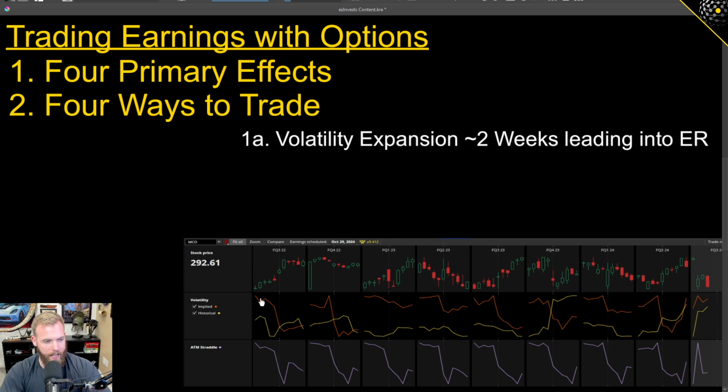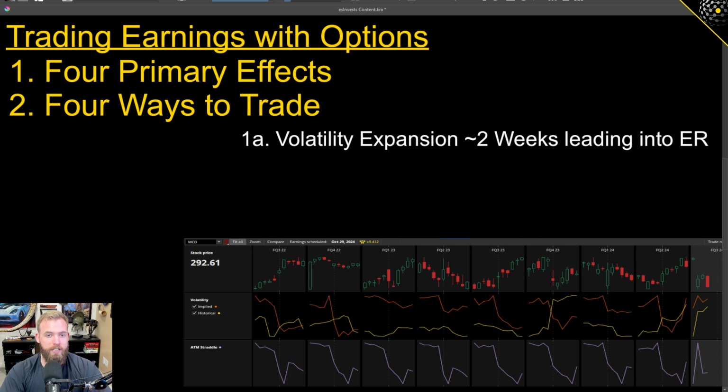And notice how high this line is. Now, you can see implied volatility will tend to bounce around a little bit. It's not always going to be directly upward sloping into the earnings release, but it's generally going to have a much larger gap between implied and historical volatility. That's elevated volatility. And that starts about 2 weeks out.